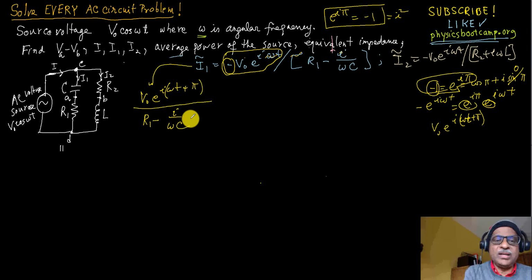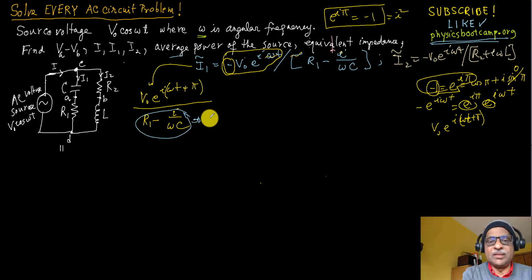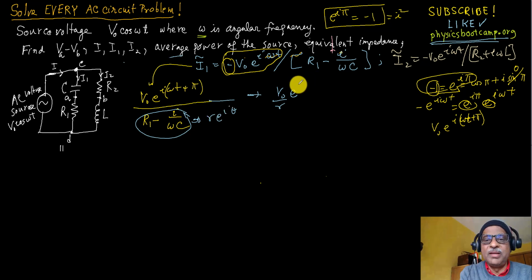Now I can proceed in a couple of ways. One is to write this denominator as some r e to the i theta. Suppose I convert it like this. Then this will go into v0 over r times e to the power i omega t minus theta plus pi.